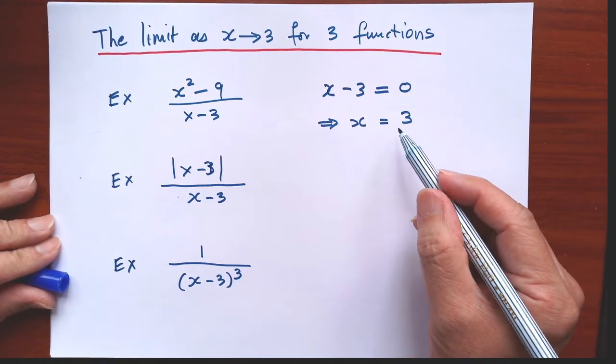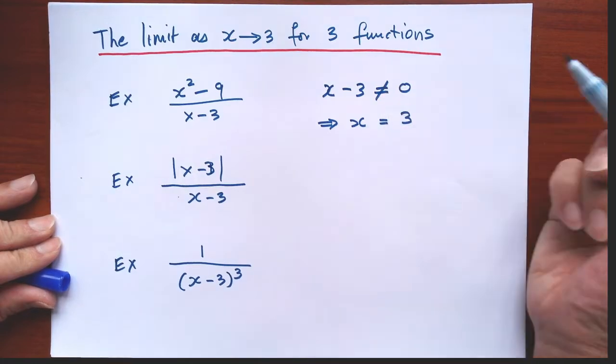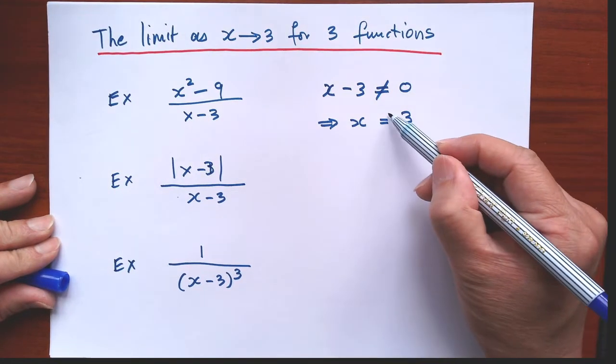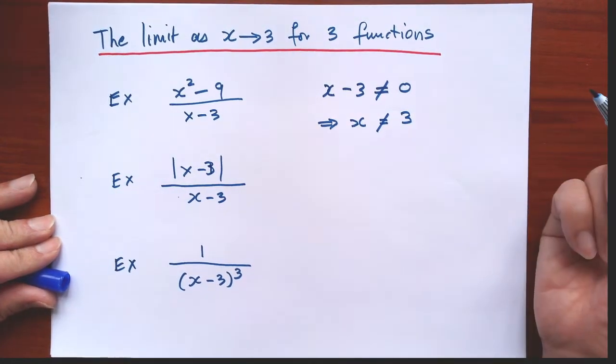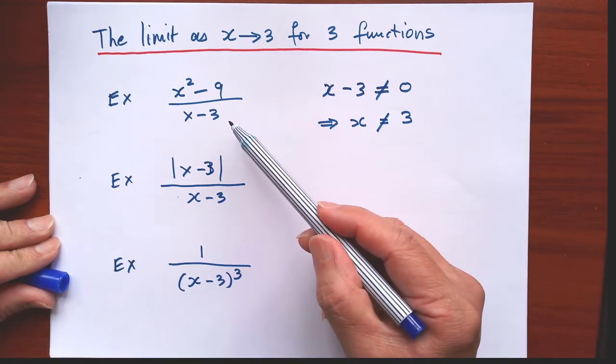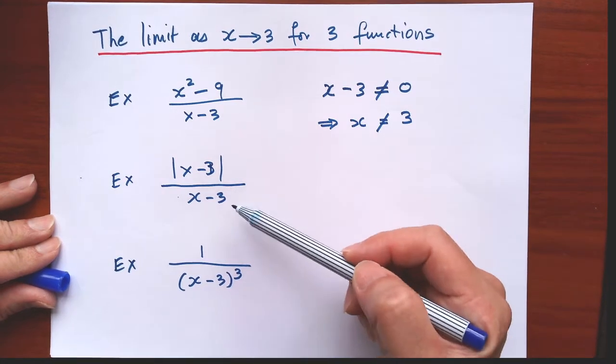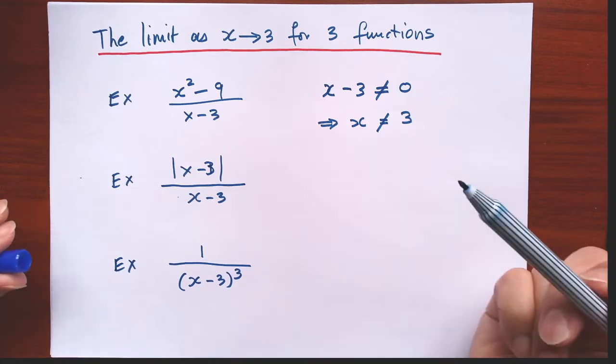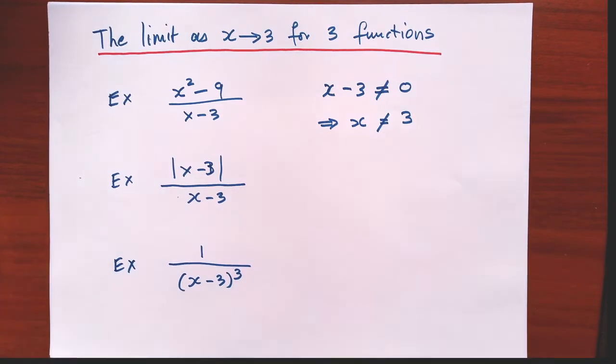We know that x minus 3 cannot be 0, therefore x cannot be equal to 3 because we cannot divide by 0. Let's see what happens to these three functions.